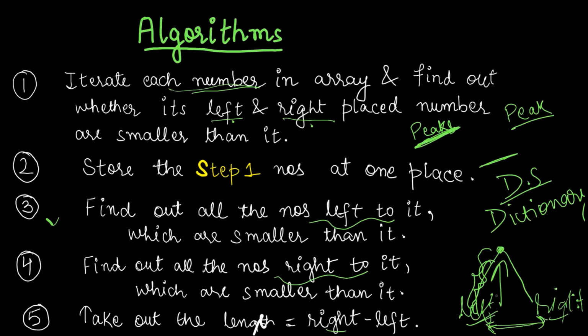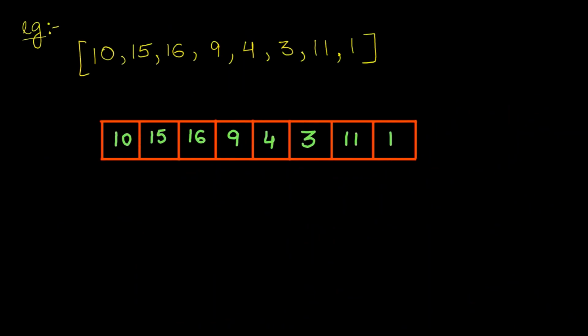Let's understand this with respect to an example. Here we have the same array. Now with respect to the algorithm, I'll be iterating on each of the numbers. So here I'll start with the first index. I have taken it from the second index so that I can compare with both the left as well as right side numbers.